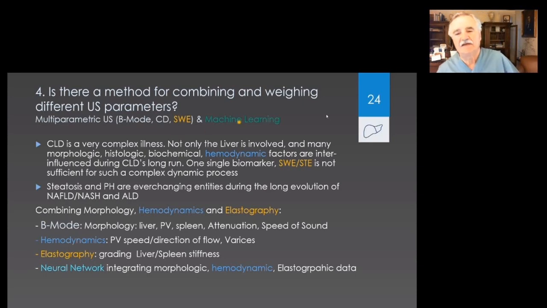Not only the liver is involved, but many morphologic, histologic, biochemical, hemodynamic factors are influenced during the chronic liver disease long run. One single biomarker, like shear wave elastography, is not sufficient for such a complex dynamic process.